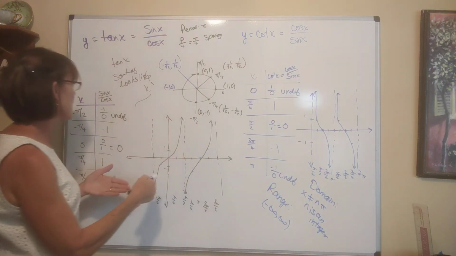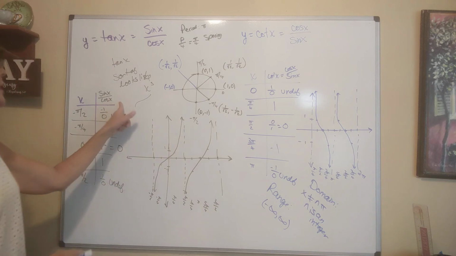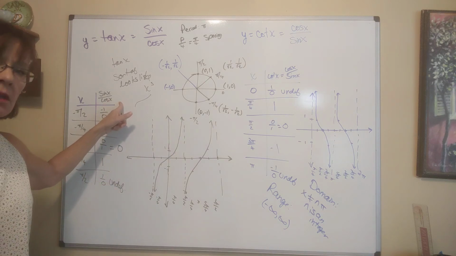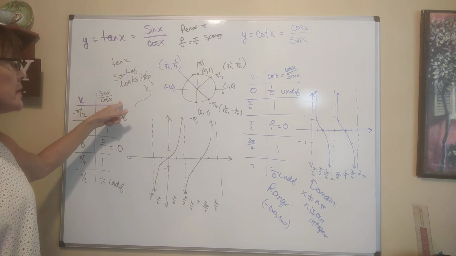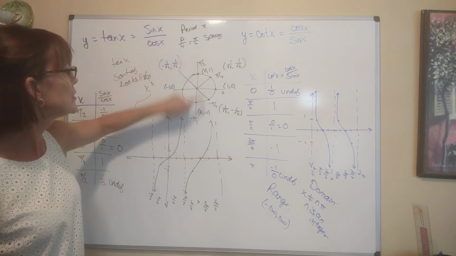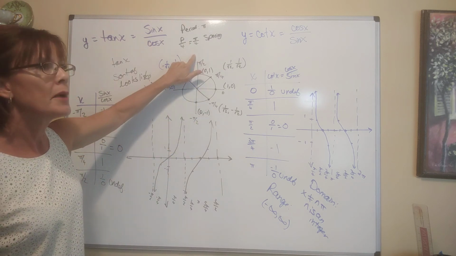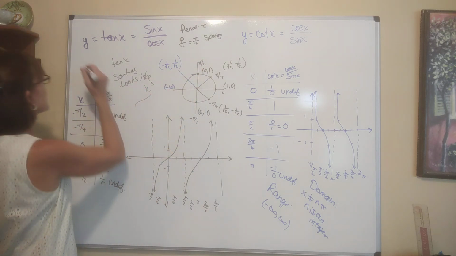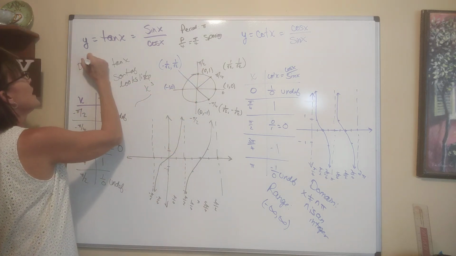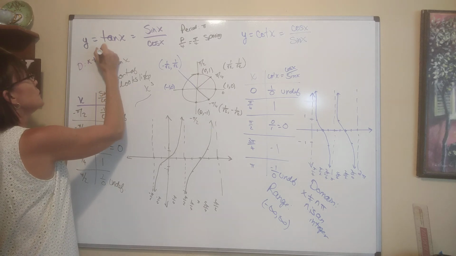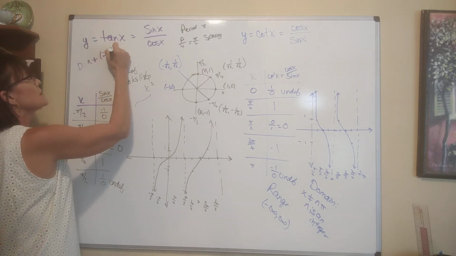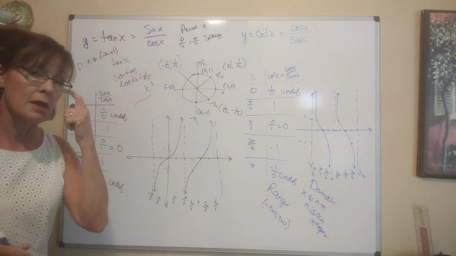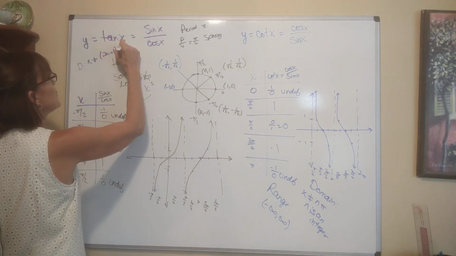All right, real quick, the tangent, let's talk about its domain. Where is it not okay? It's not okay wherever the cosine is going to be 0. The cosine, the x value, will be 0 at pi over 2, negative pi over 2, 3 pi over 2, and so on, the odd multiples of pi over 2. So we have to say the domain here: x cannot equal 2n plus 1, which is how you create an odd number, times pi over 2.